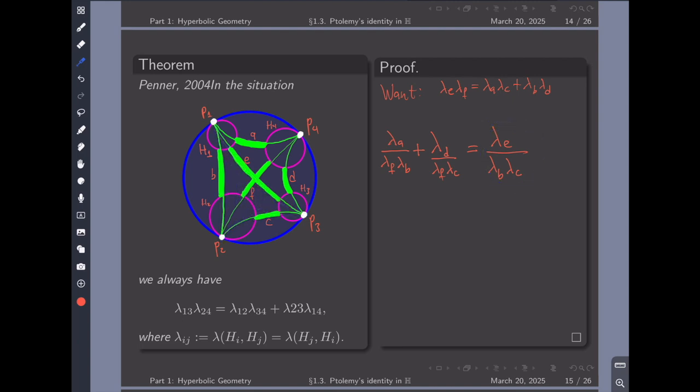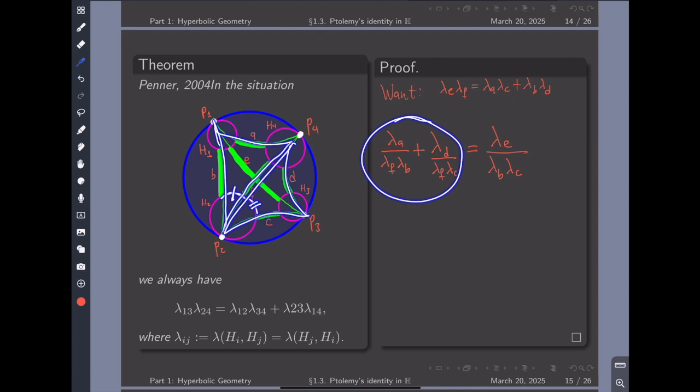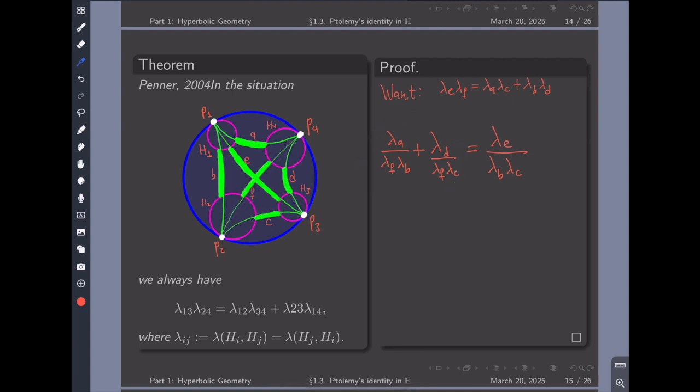Whereas for the left hand side, I looked at this one and this one. Okay, and now we are done, right?